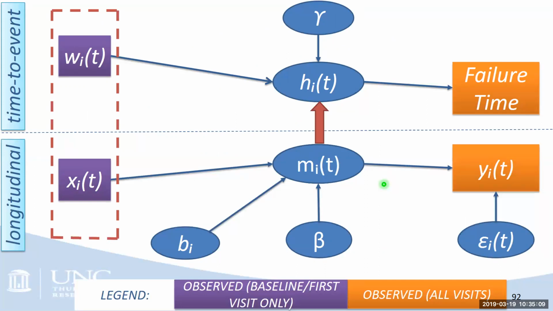Square boxes represent the observed data, both baseline or time-stable covariates, and time-dependent longitudinal outcome. Ovals represent unobserved terms, vectors of fixed and random effects, b, beta, and gamma. Here, the red dashed box indicates that the baseline covariates can be shared between two submodels.